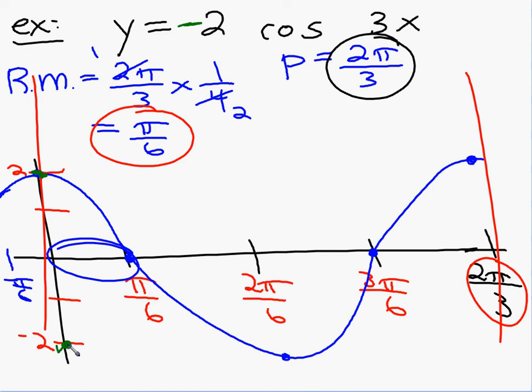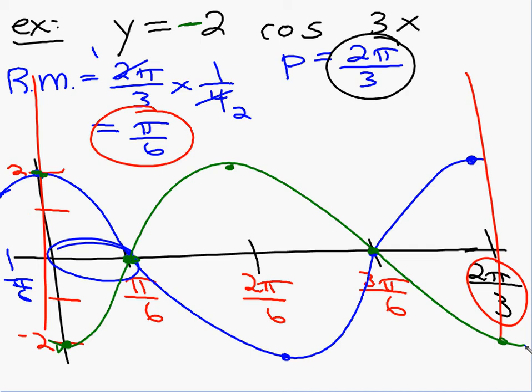So I would start here, and then I'd go to here, up to here, here, and back down to there. So it's basically reflected. This would be the graph of -2 cosine of 3x. So if there's a negative out in front, you just start down here at -2 and go up through.